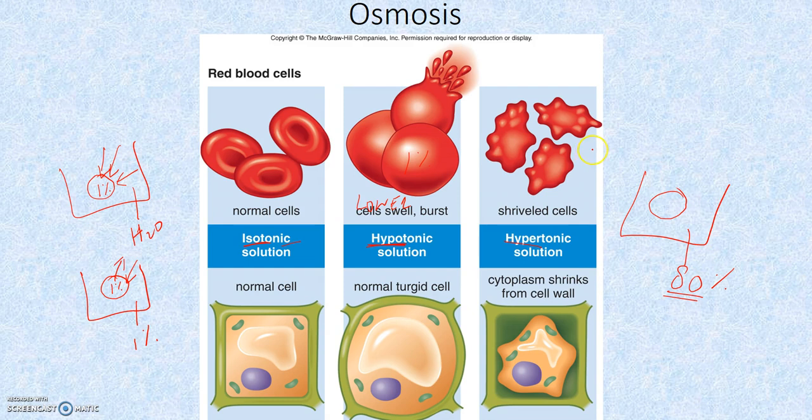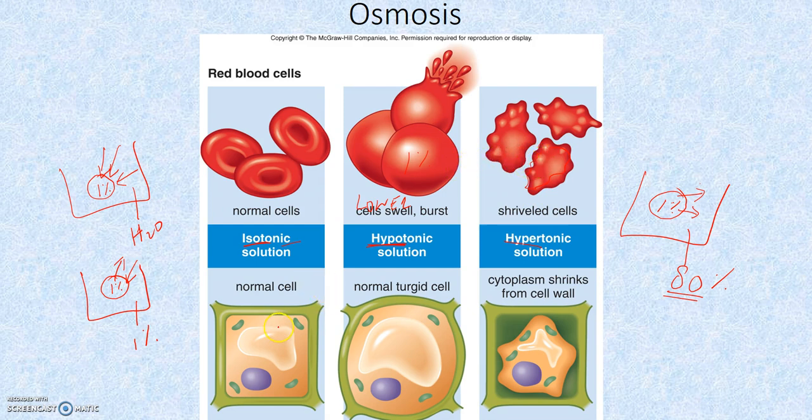In that case, remember this is a living cell, it has 1% salt concentration. So water is going to leave the cell. Water is going to go from low solute to a high solute concentration, less salty to more salty. So the cell will become shriveled in size.